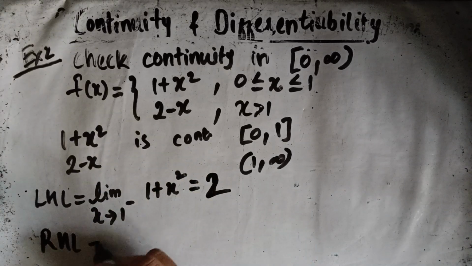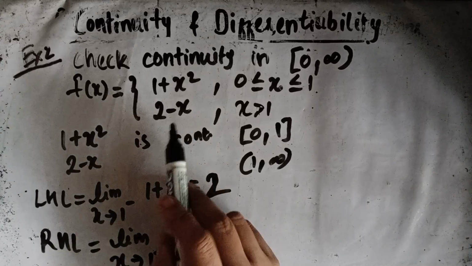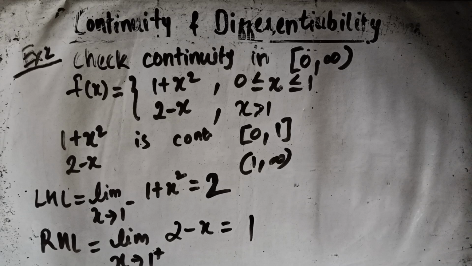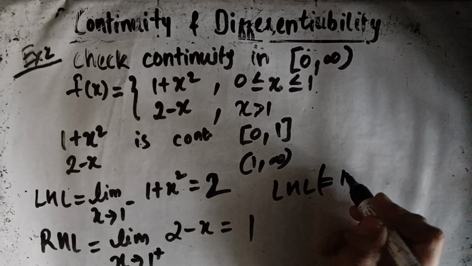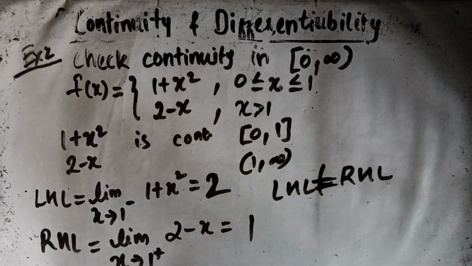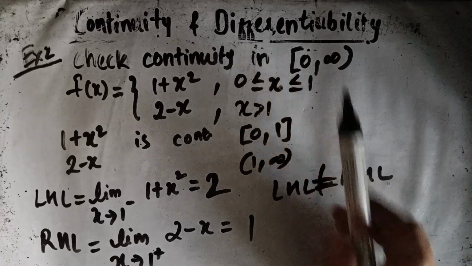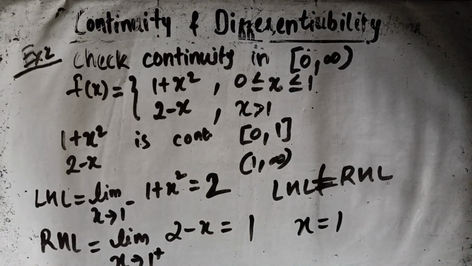Right hand side, when we approach from right hand side, then we have to take this function. So this is 1. So here, left hand limit is not equal to right hand limit. So it is discontinuous at 1. Okay, it is continuous on this intervals, but it is discontinuous at point x equal to 1. Okay.